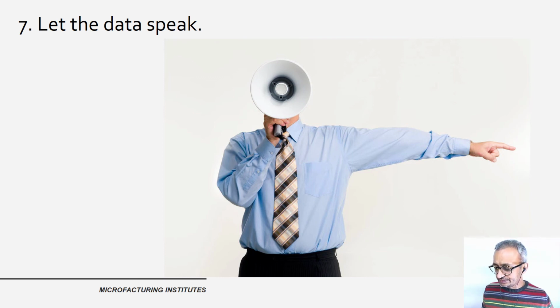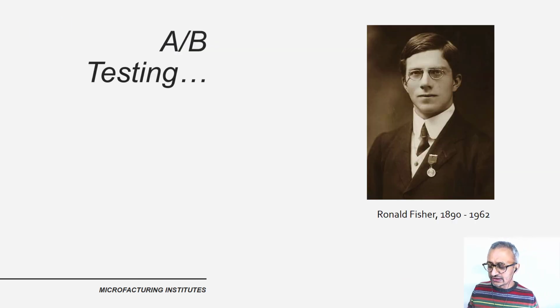And that is this whole new world of A/B testing. So, Ronald Fisher. A/B testing, as I alluded to before, is a way of comparing two different versions of something to figure out which performs better. It's most often used today with websites and other things, but it's been in existence for 100-plus years.